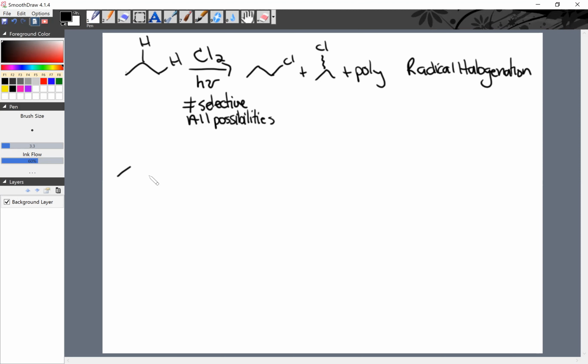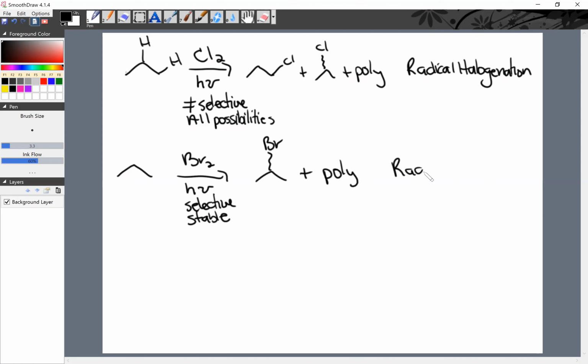Well, we also saw diatomic bromine. It is selective, so you're only going to show me the stability ones, the most stable. But there is still the chance of going further and making polys. This is also radical halogenation.